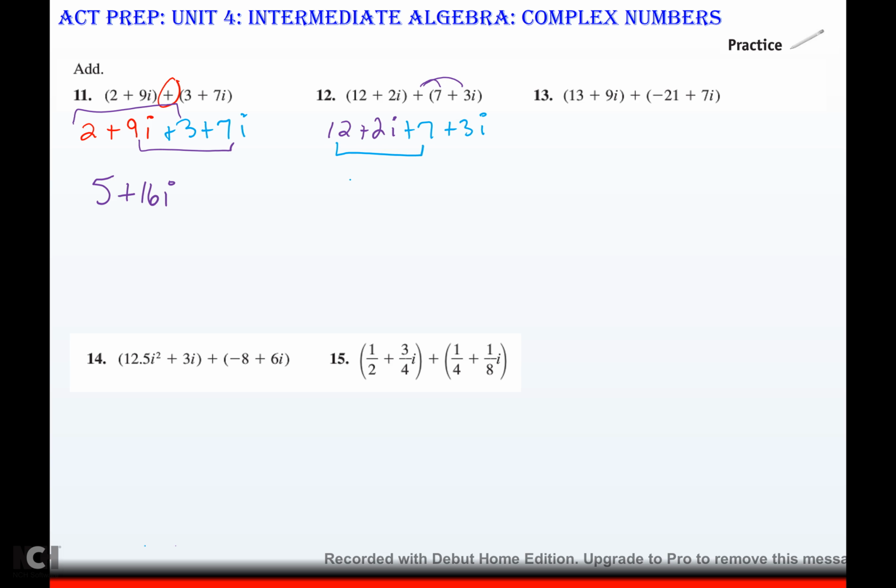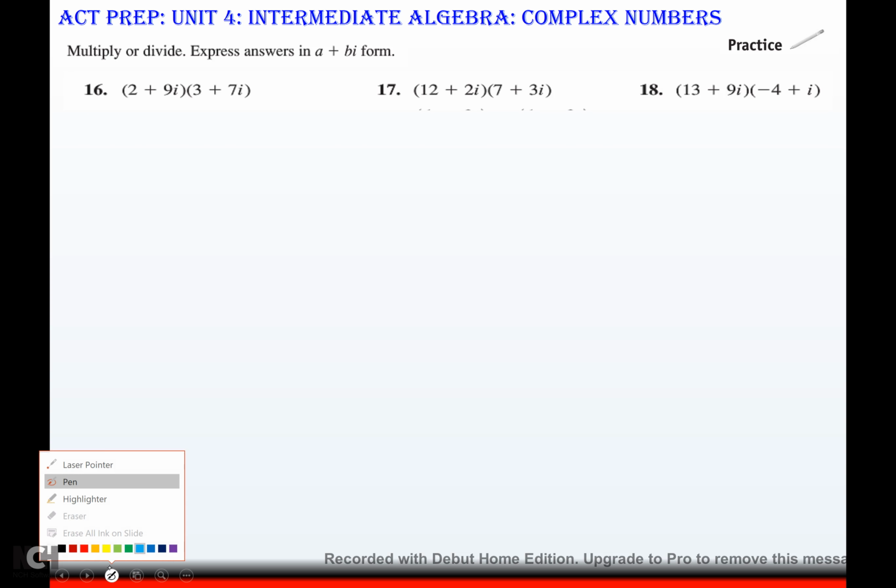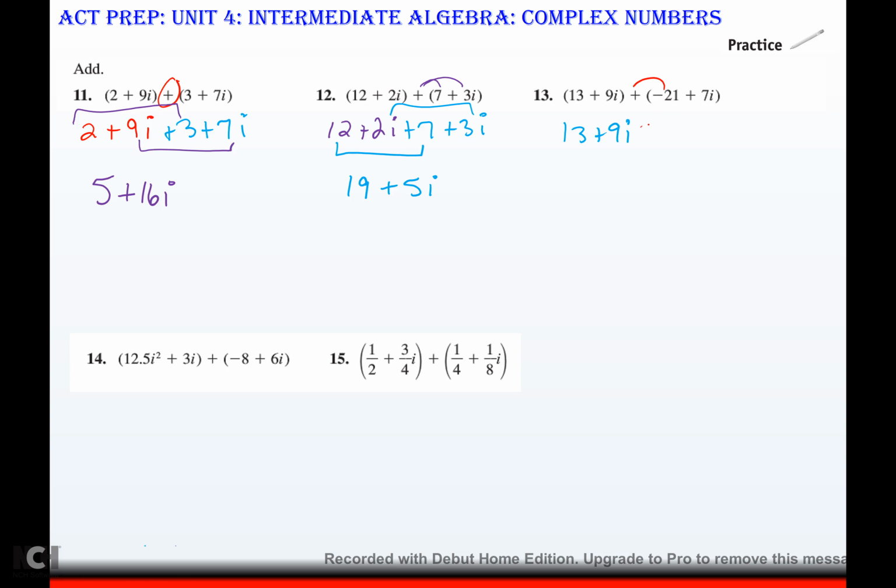Combine like terms, that is 19. 2i plus 3i is 5i. Okay, same with 13. I have 13 plus 9i, and they want me to add a negative 21 and add a 7i. So combine like terms: 13 minus 21 is negative 8. 9i plus 7i is positive 16i.